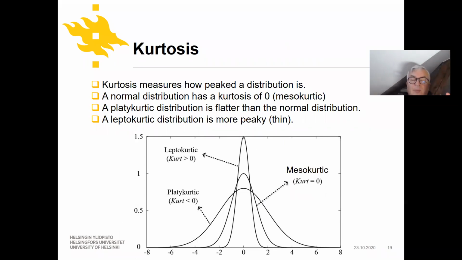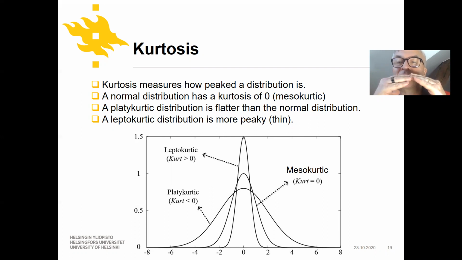Okay, so we have positive and negative skew, and then we have something we call kurtosis, which simply describes how peaked a distribution is. So you have the normal distribution there in between, mesokurtic, you have leptokurtic, which is peaked, like lepto is thin, and then you have platykurtic, which is flat.